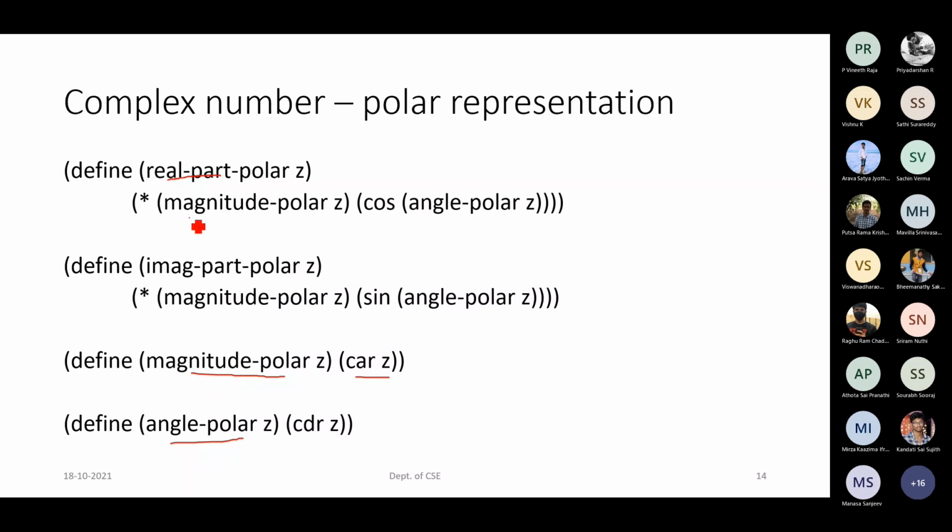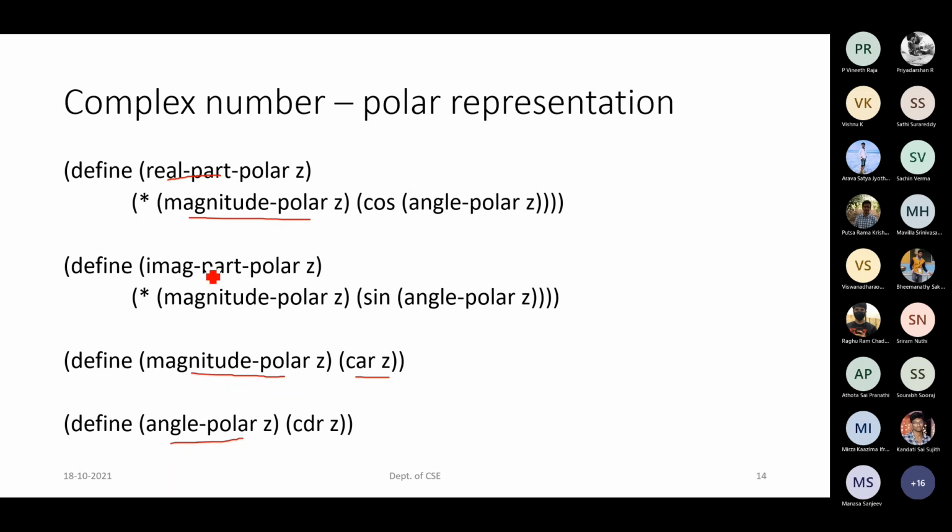So I use the magnitude-of-polar procedure by passing the complex number, which is in the polar form, to extract the first part of it, multiplied by cos of the angle of the polar. By using the angle procedure, I extract the angle value, apply the cos function to it, and then multiply it with the magnitude value.